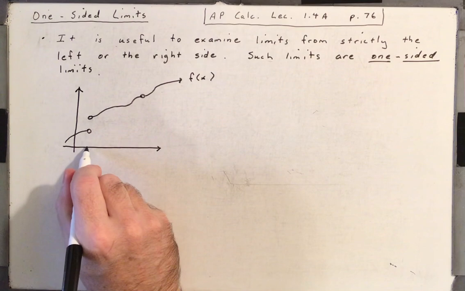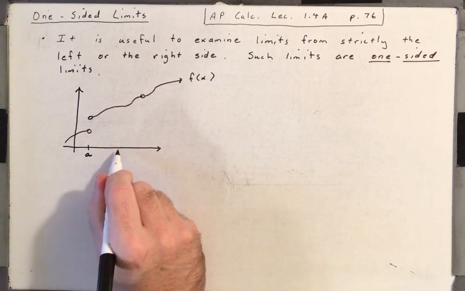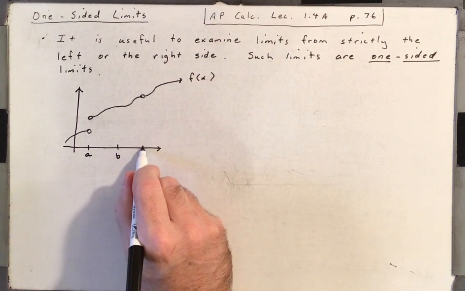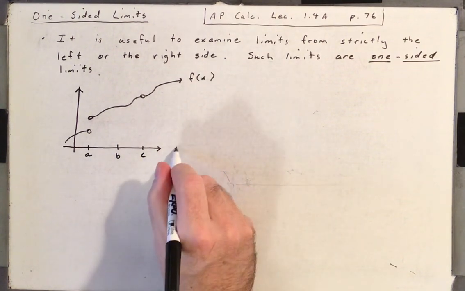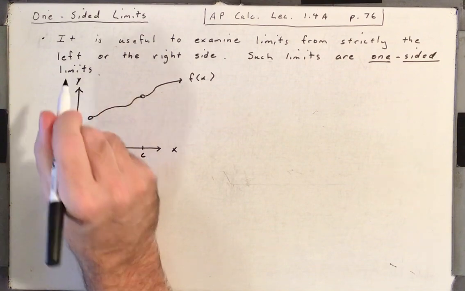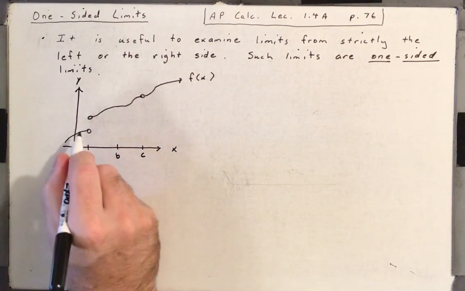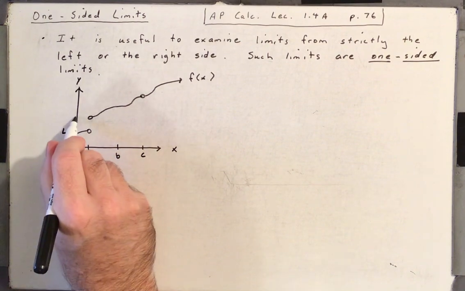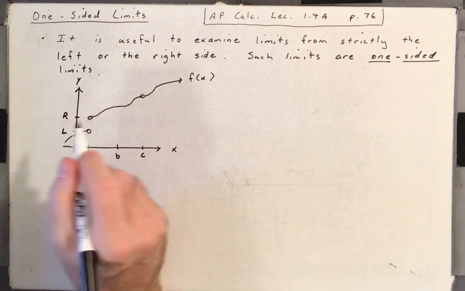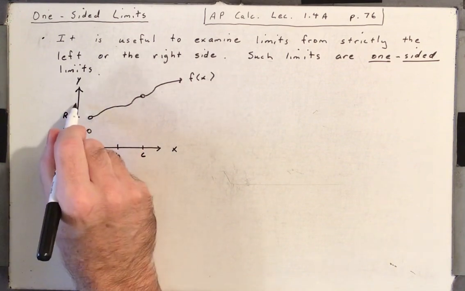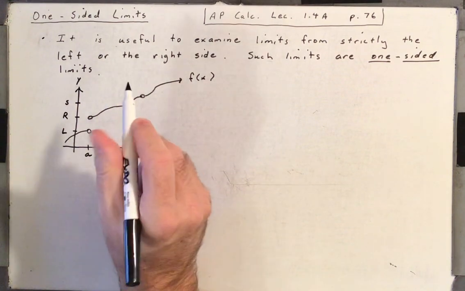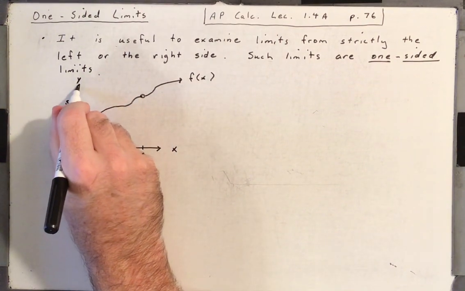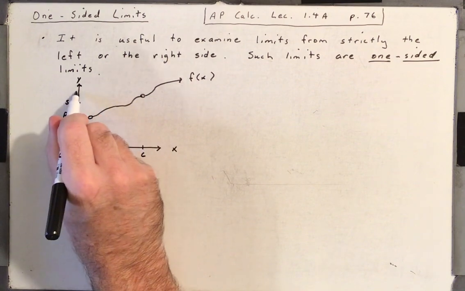Right here on the x-axis, we'll call that point A. Point B, and lining up with this second hole is point C. And then right here L, R, S, and lining up with this hole, we'll call that T.